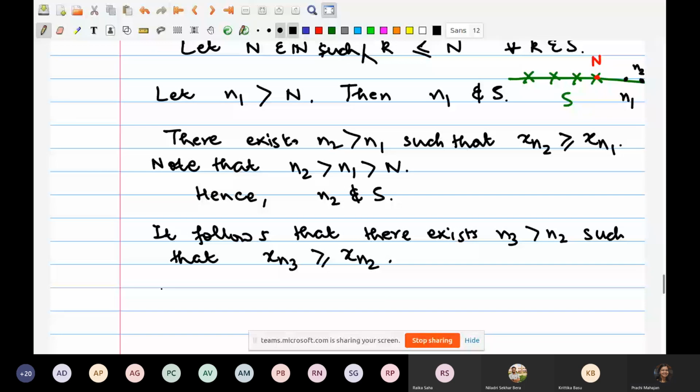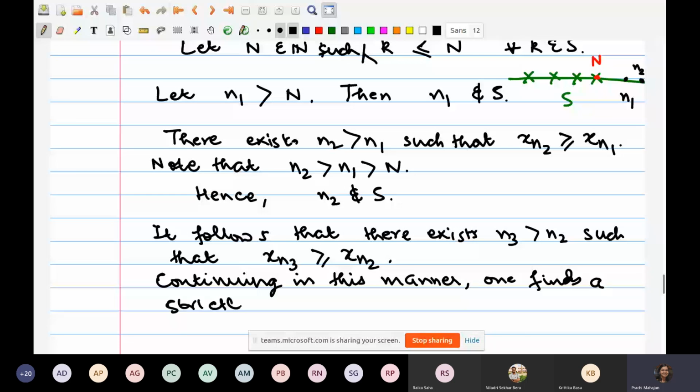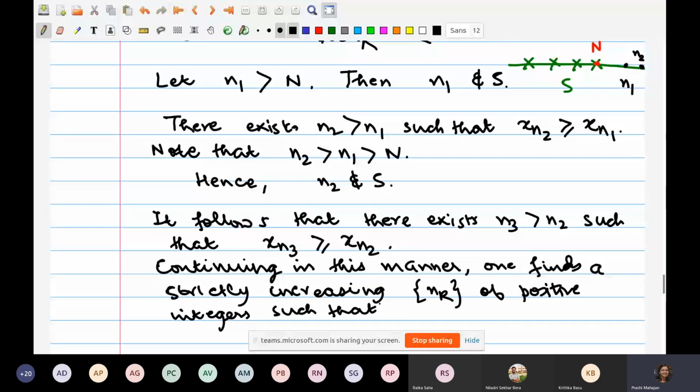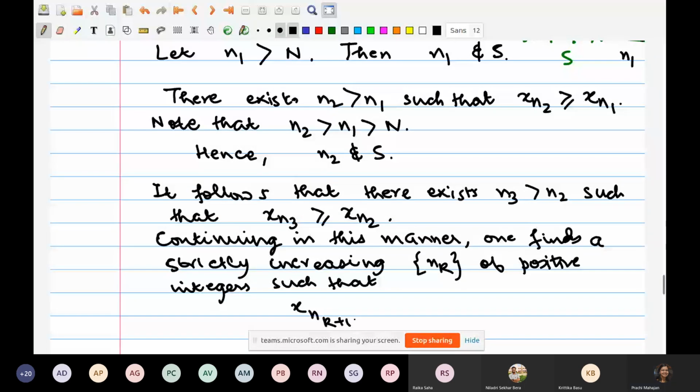Continuing in this manner as described above, one finds a strictly increasing sequence nk of positive integers such that at each stage xn(k+1) is bigger than or equal to xnk for each index k.